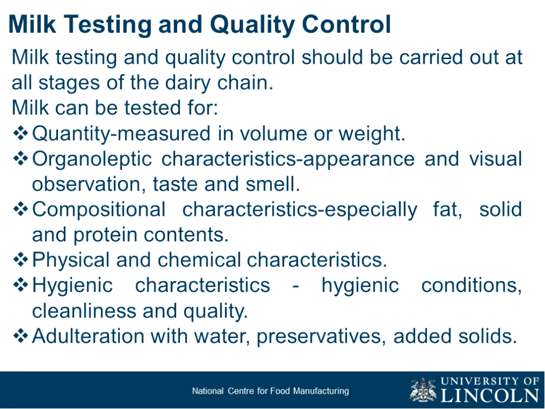Then physical and chemical properties, which are also very important. Then hygienic characteristics, in terms of hygienic condition, cleanliness, and the quality of the environment where we are producing it. Because of adulteration, we can also test if water has been added, or preservatives, or added soil. We can test for all of this.